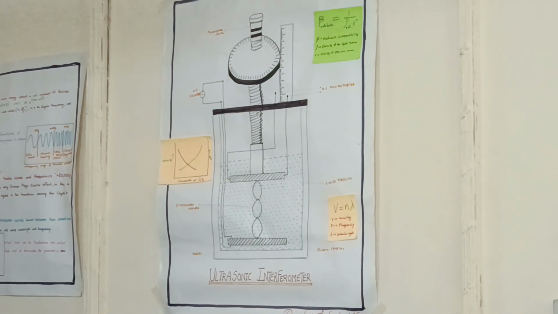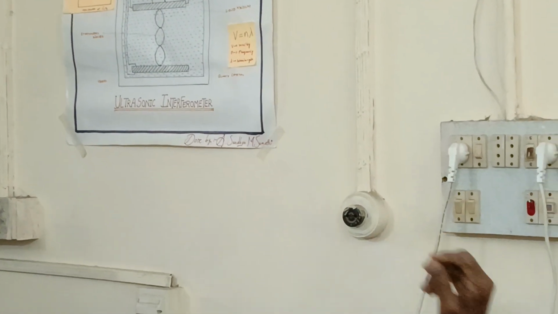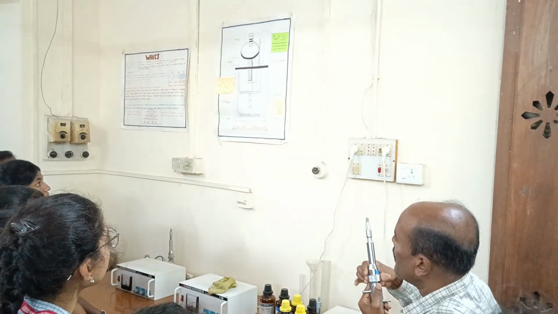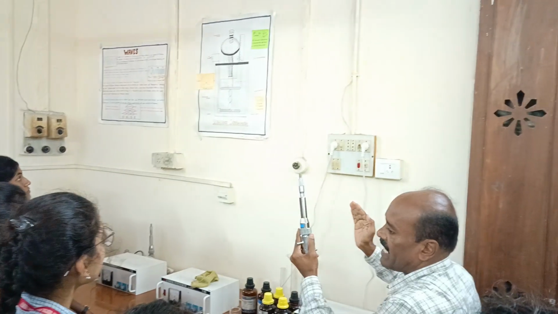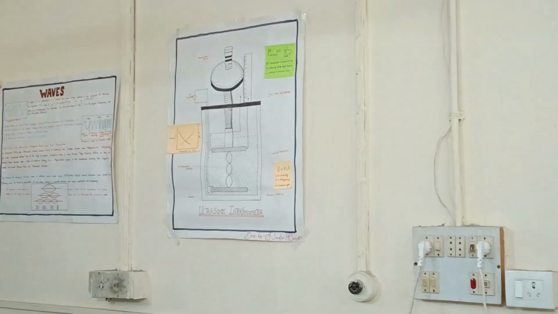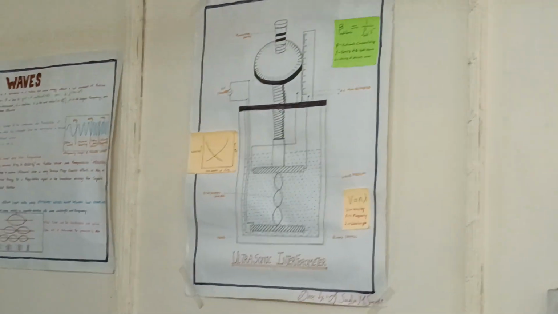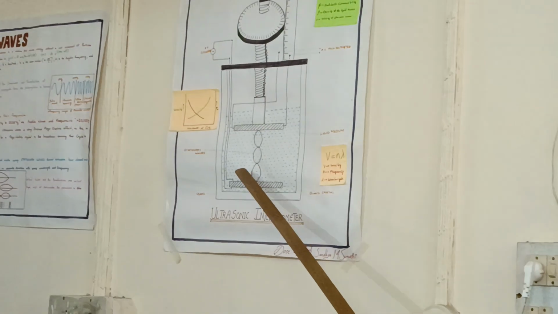If stationary waves are produced, you have nodes and antinodes, right? So which one is antinode, which one is node? The bulged one is antinode. Node is the sharper one. This is node, this is antinode.